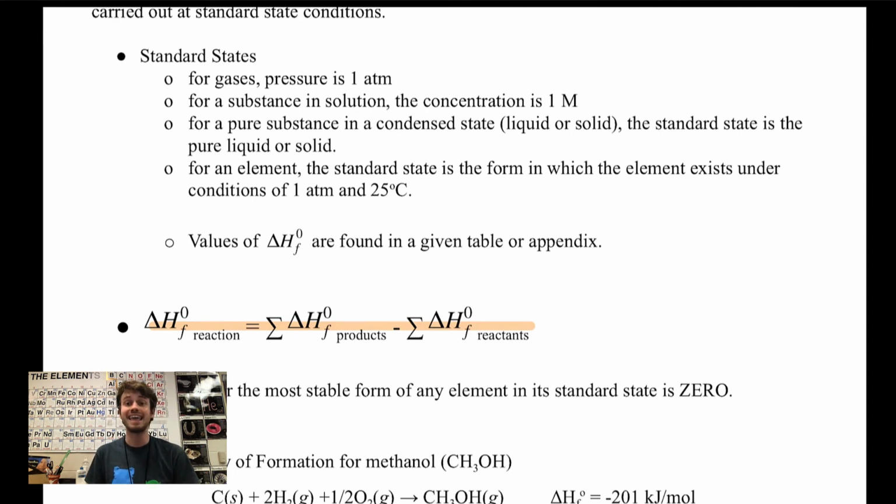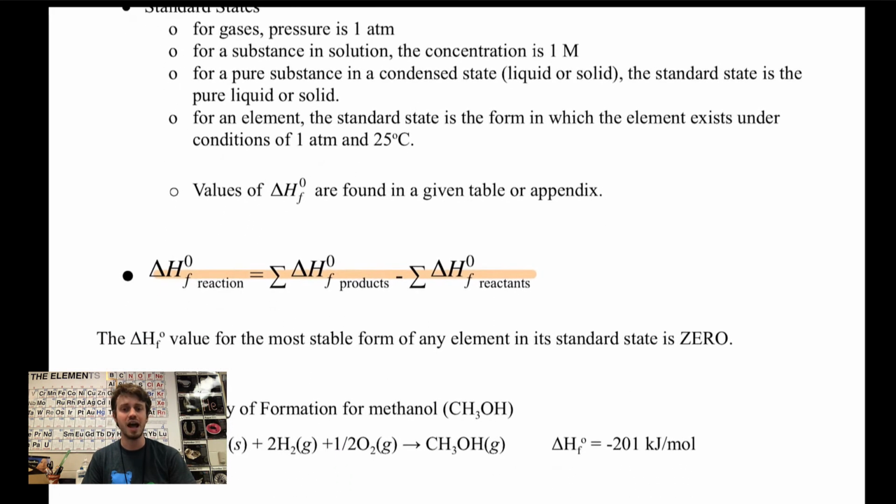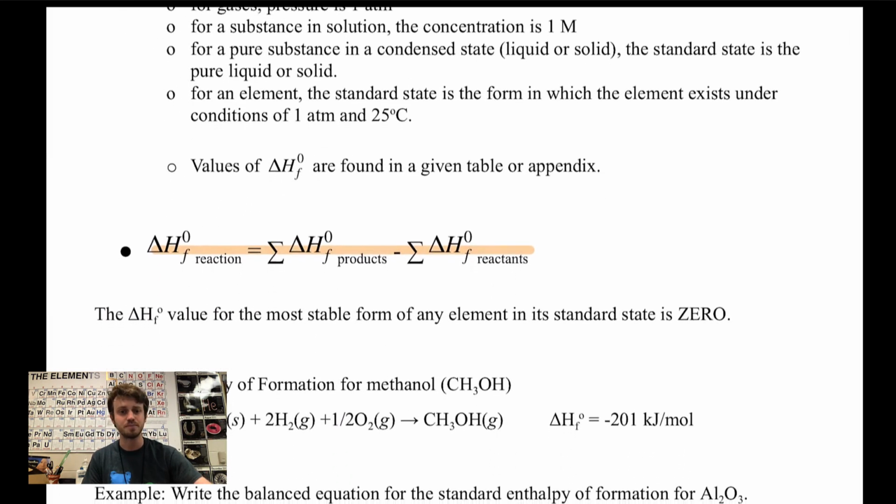This formula can be found in your AP reference materials, so you will always have access to this formula. However, it is in your best interest just to know it and know that you can do products minus reactants in order to figure out the delta H of the reaction.